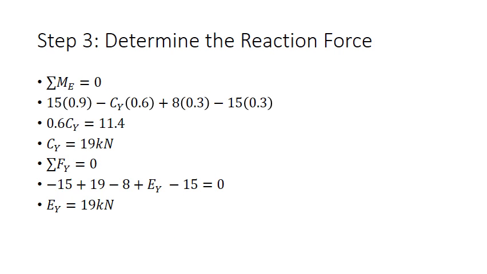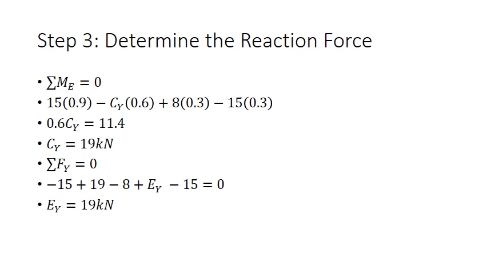Next, we have to determine the reaction force. So sigma M equals 0, so 15 times 0.9, creating a counterclockwise moment, and minus Cy times 0.6, making a clockwise moment, plus 8 times 0.3 counterclockwise, and minus 15 times 0.3 clockwise.